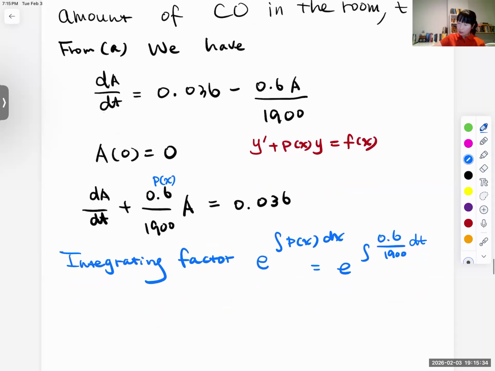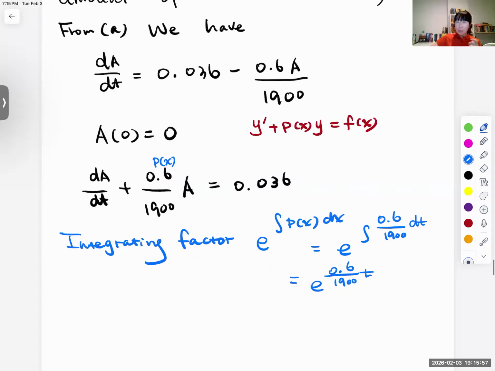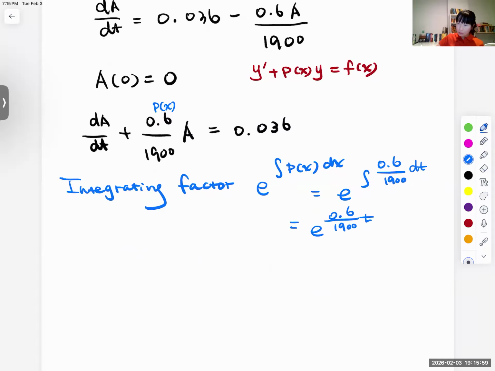Now, this is a constant. We get just the t itself, right? With this number. So that will be e to the 0.6 over 1900 t. Okay. Now we multiply every side by this integrating factor, right? Okay, so let me copy.